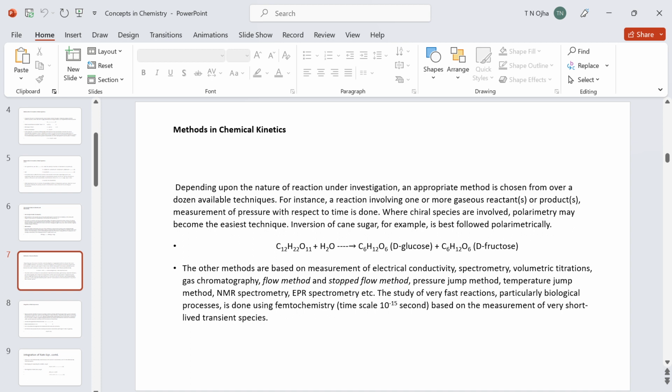So a variety of methods are available. One has to decide which method to use for a particular problem, a method which can be measured easily and dependably.